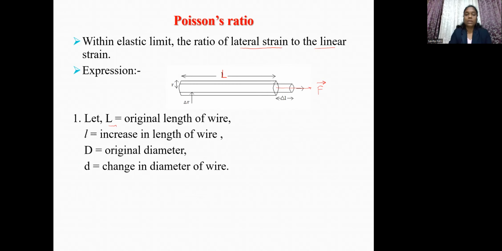Let capital D be the original diameter of the wire. Here we see that force is applied at the free end of the wire, meaning force is applied in a direction parallel to the length of the wire.